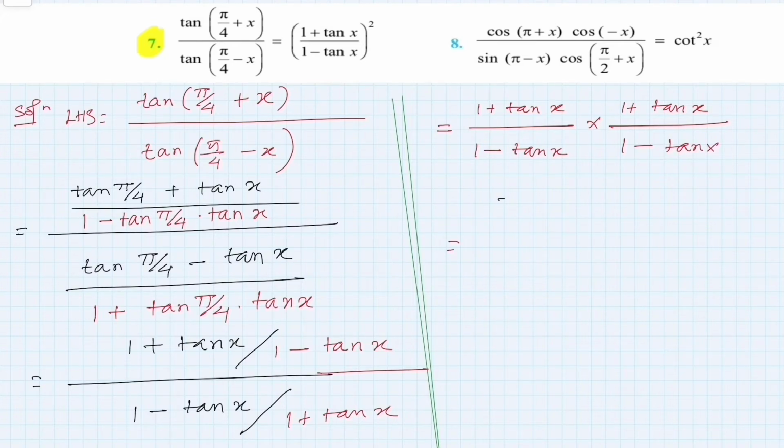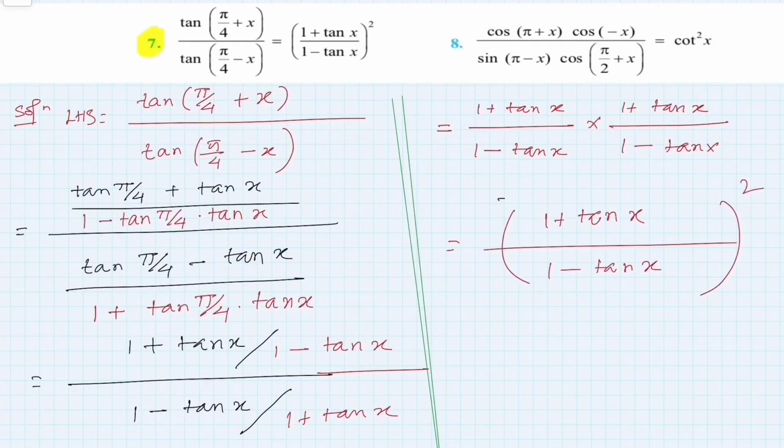Now if you multiply these two, you will get ((1 + tan x)/(1 - tan x)) whole square. So that is the right hand side. Hence it is proved. That's how we can solve question number 7. Now you can pause the video to note it, and let me show you how to solve question number 8.